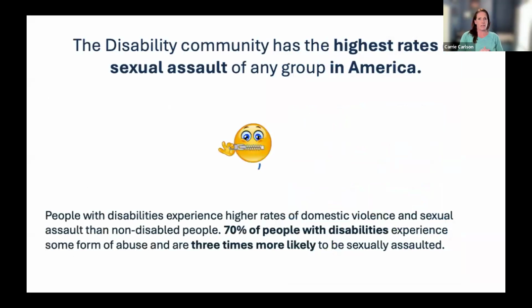So on this one, there's a little emoji in the middle with a zipper for a mouth, and it looks terrified. And it says the disability community has the highest rates of sexual assault of any group in America, right? People with disabilities experience higher rates of domestic violence and sexual assault than non-disabled people. 70% of people with disabilities experience some form of abuse and are 3 times more likely to be sexually assaulted.